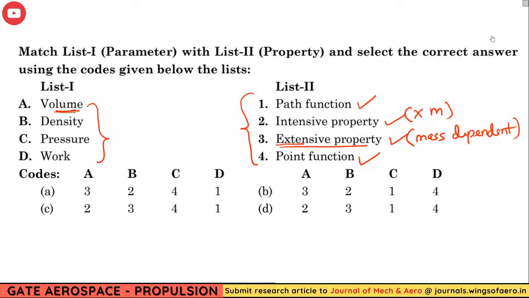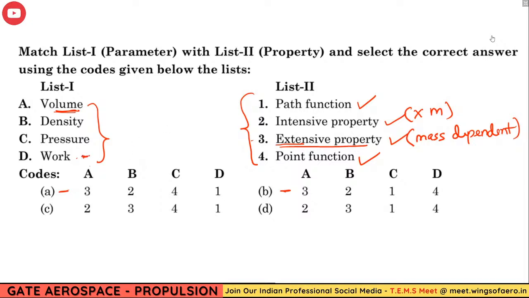Now you see the first option, A, and we have the option 3. We have 4 options. Either it can be A or it can be B. Now let's look into the work. What is work? It is a path function.